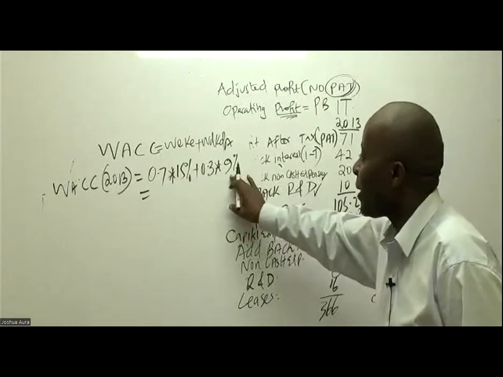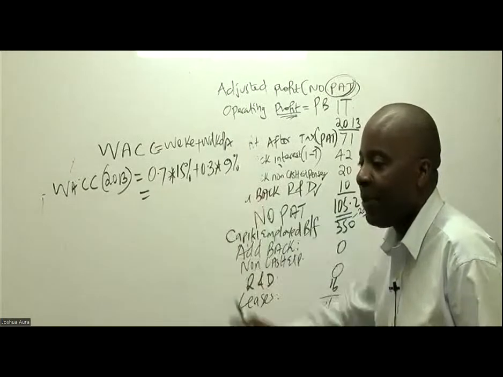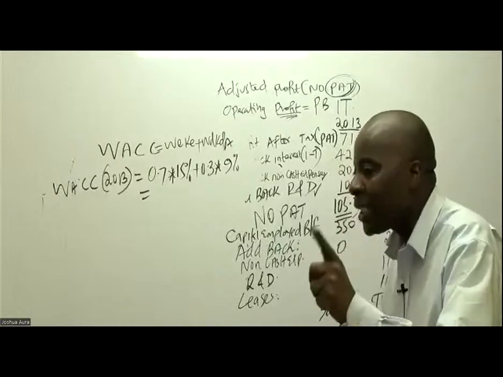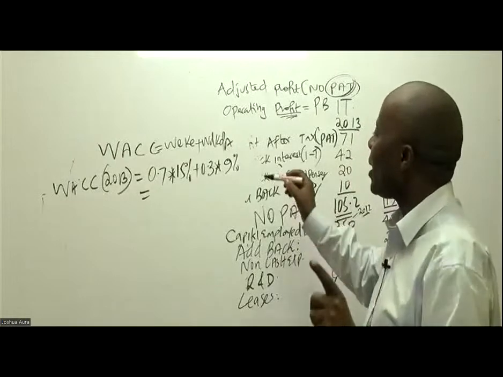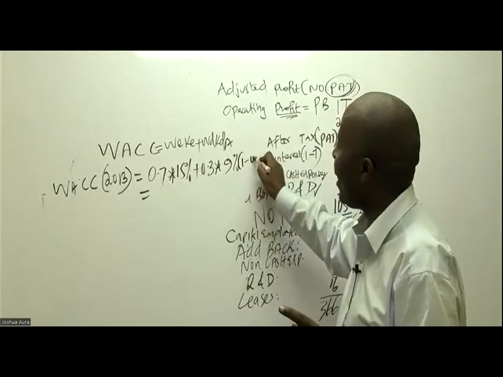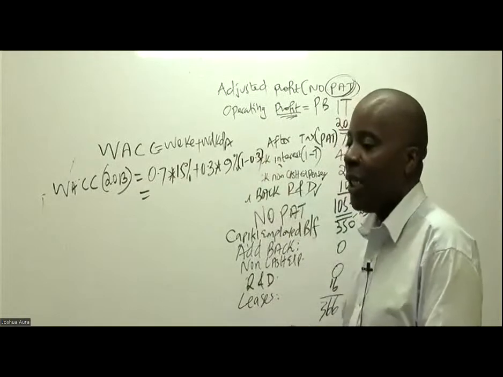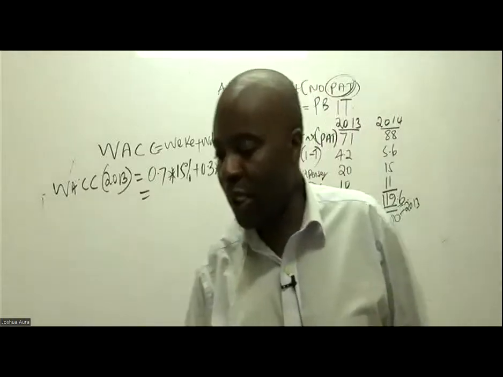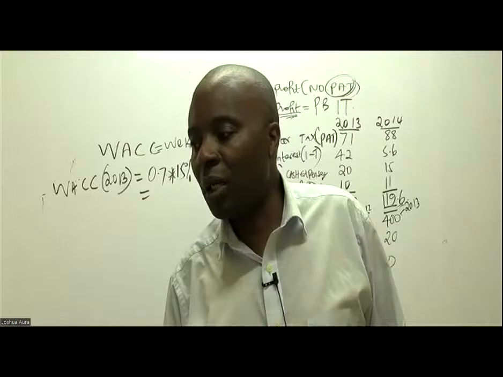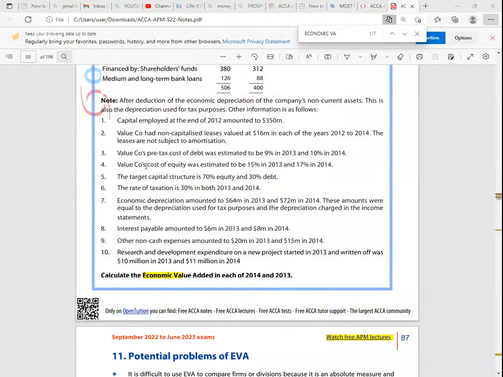No. This 9% is before tax. It must be adjusted for taxation. So you must multiply this with 1 minus tax of 0.3. They told us in this question that 9% is before tax, the pre-tax cost of debt in note 3.